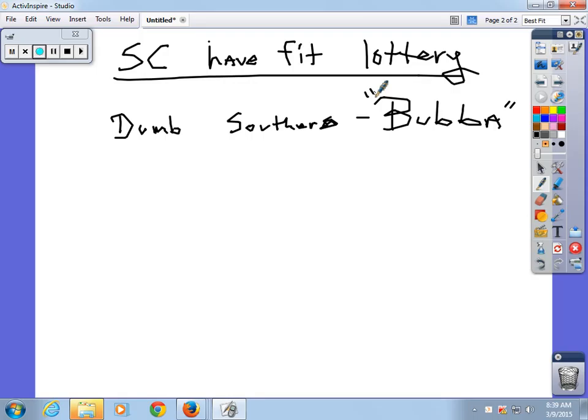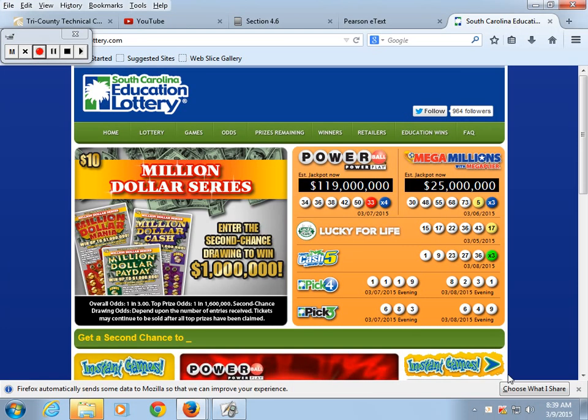Alright, so he's Bubba. And Bubba goes out and buys a lottery ticket. He buys 1 lottery ticket. And the lottery, we're going to talk about it. Let's go with this one right here, Powerball.